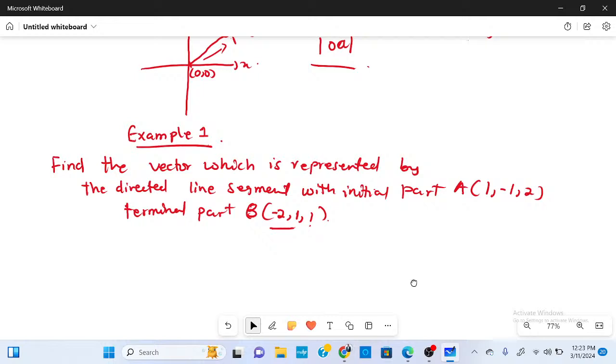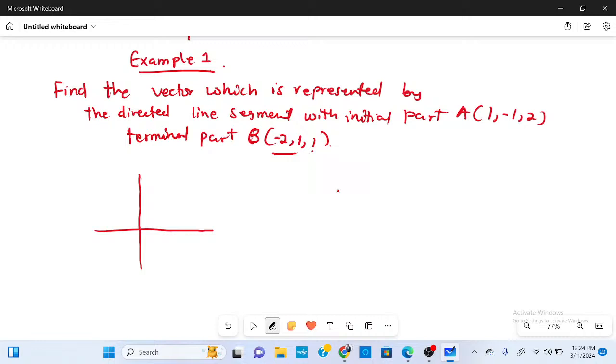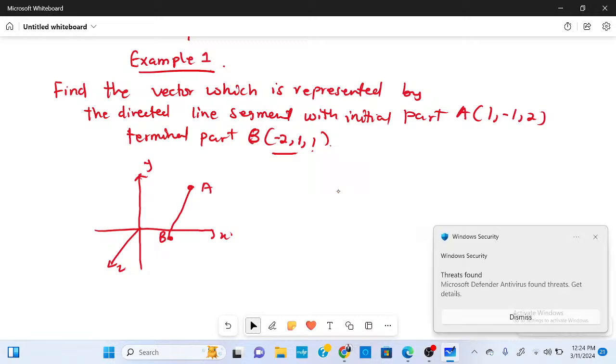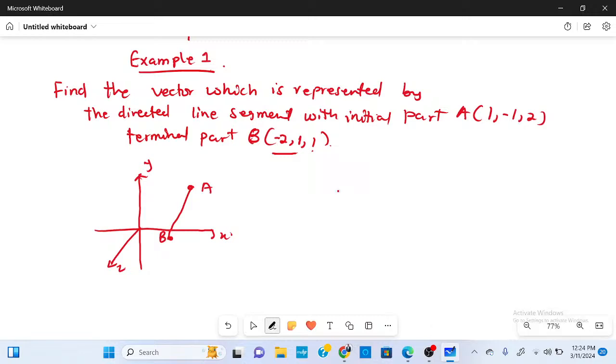To solve this problem, let's say the points are in the XYZ plane. So we are saying that we should find a vector which is represented as this. A vector is just a quantity which has magnitude and direction. But in vector algebra, our interest is always lines and planes. We don't use any other quantity like forces as we use in dynamics.